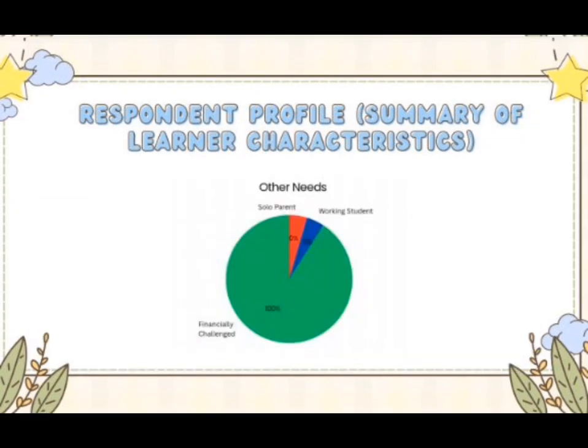In the respondent profile summary of learner characteristics, 100% of them answer financially challenged, solo parent is 0%, working student is 0%. So the respondents answer 100% in financially challenged.